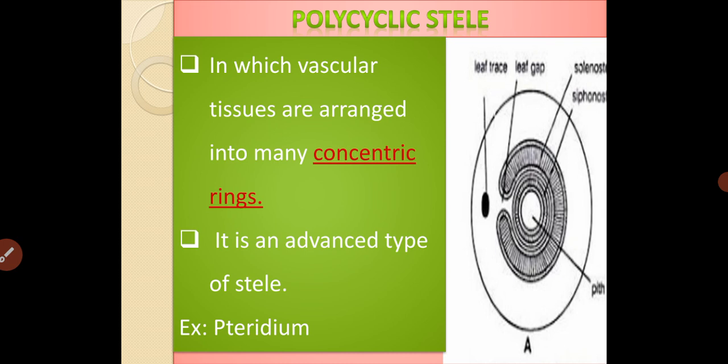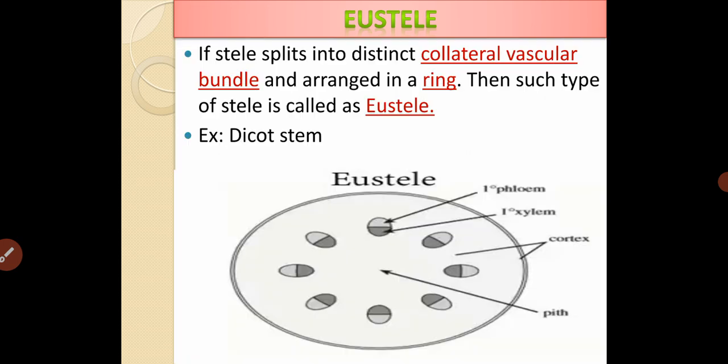Such condition is called the polycyclic stele. If the vascular tissues are arranged into many concentric rings, then such type is called the polycyclic stele. It is an advanced type of stele, as seen in the case of Pteridium.